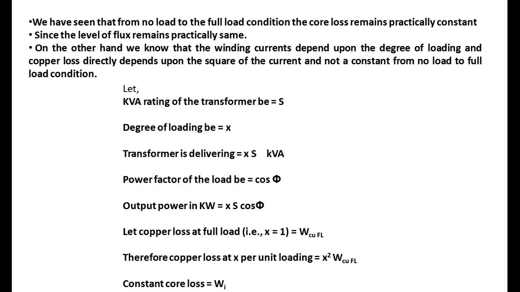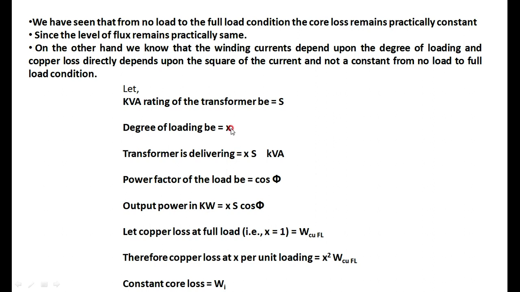The power factor of the output depends upon the power factor of the load. Therefore, the transformer is always rated in terms of volt ampere, either kVA or MVA. Okay, we'll consider here that the rating of the transformer in kilovolt amperes is represented by S. The S is in terms of kilovolt ampere.